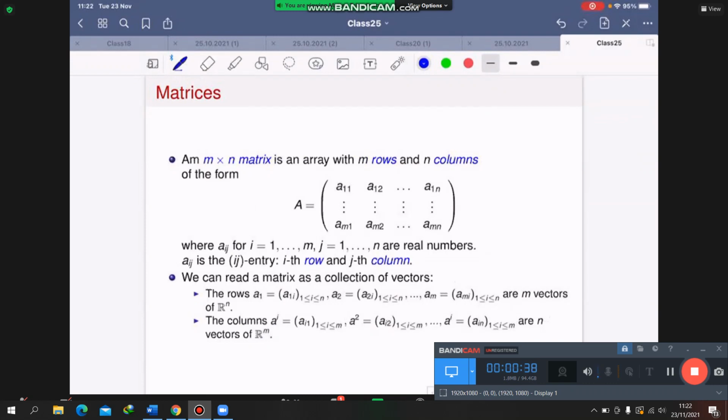An m times n matrix is a table, an array with m rows and n columns.